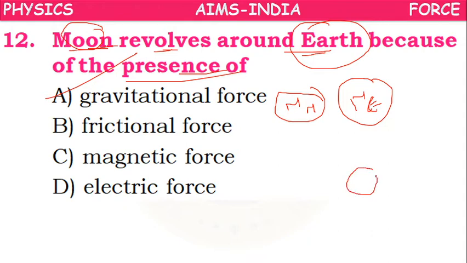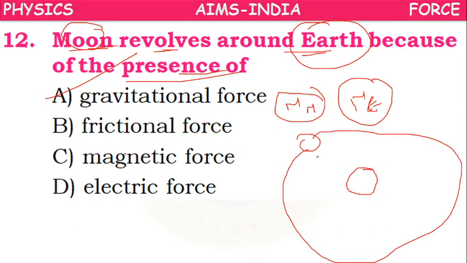Because of the attraction, the moon can be rotated around the Earth at some distance. So the answer is gravitational force.